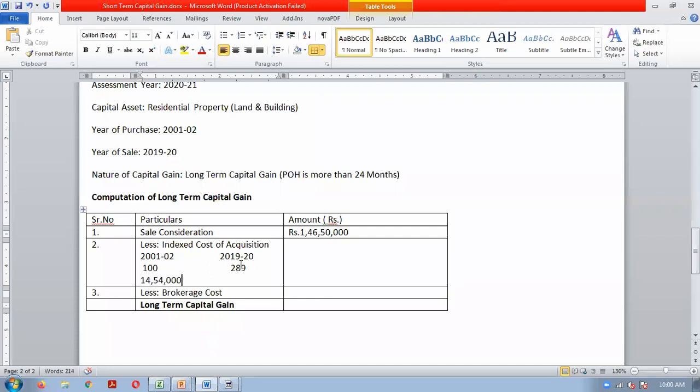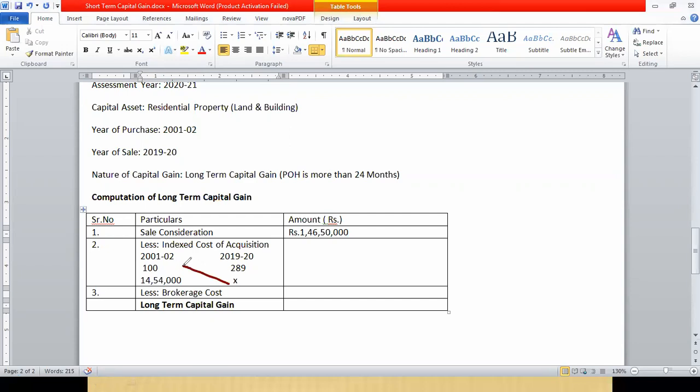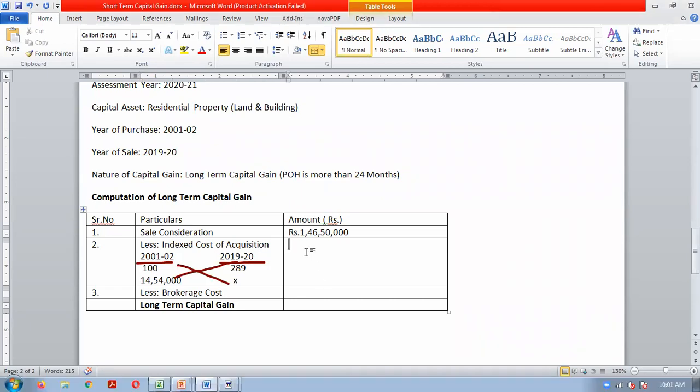So if 100 is becoming 289, what will 14 lakh 54,000 become? That we can calculate. Take here x, do cross multiplication, and tell what will be the indexed cost of acquisition in year 1920. It will be how much? 42 lakh 2060.